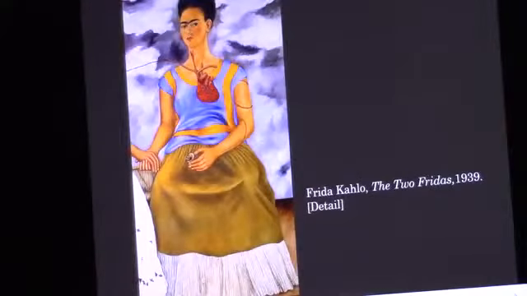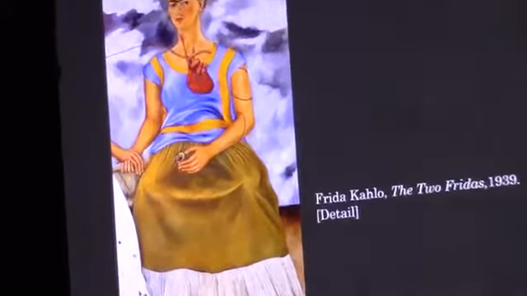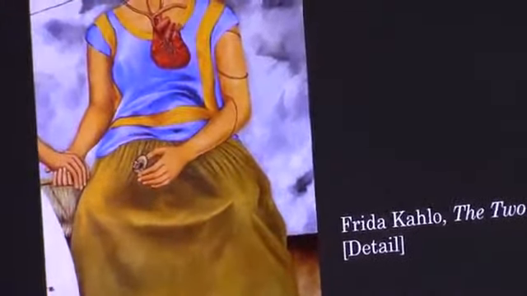And here we have the indigenous side. We're looking at her, and there's the vein shooting to one side, connecting her to herself, and then there's another vein wrapping around her arm, going down her hand into something that she's holding. What she's holding is a portrait of Diego Rivera as a child.